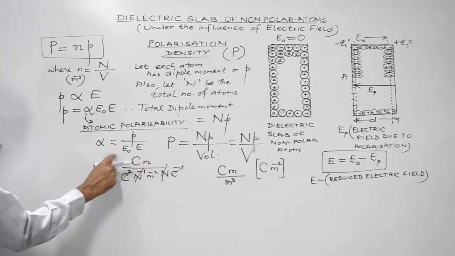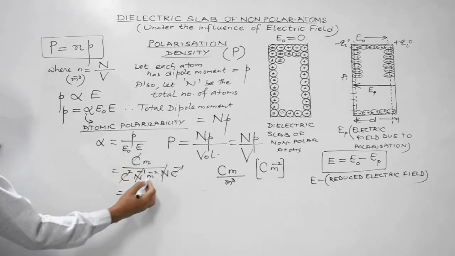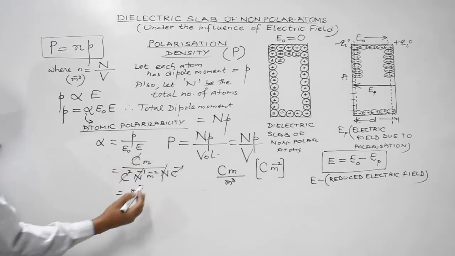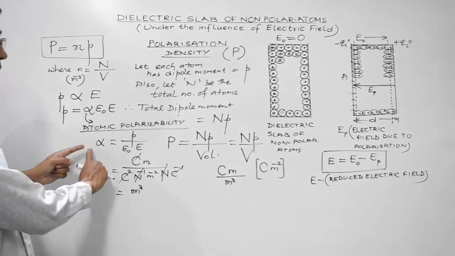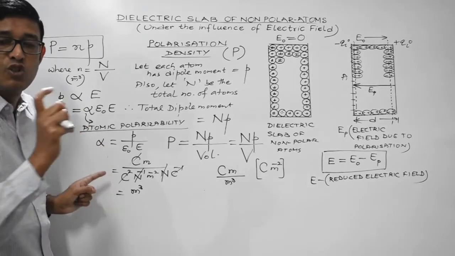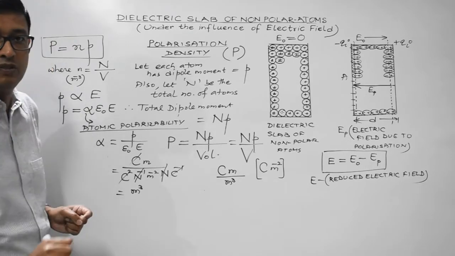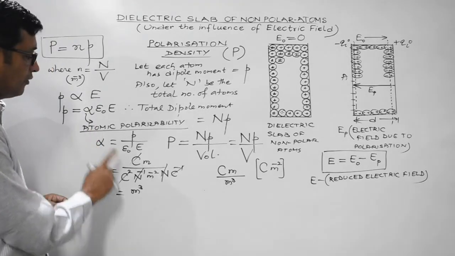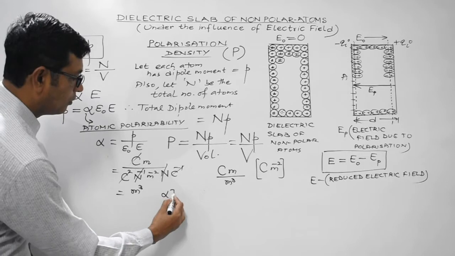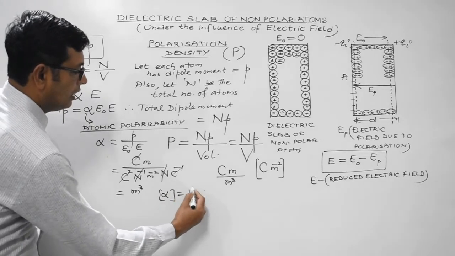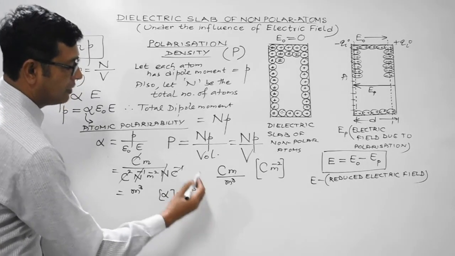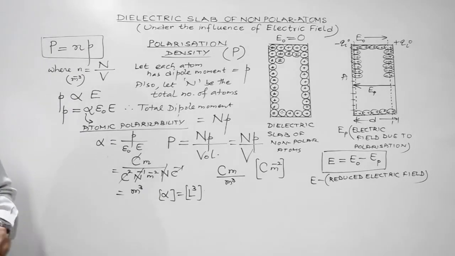Per coulomb, one C and C get cancelled. So we'll get meter cube. So atomic polarizability has the same dimensions as that of volume. So the SI unit of alpha is meter cube. Its dimension formula would be L cubed. It will have the same dimensions as that of volume, right?